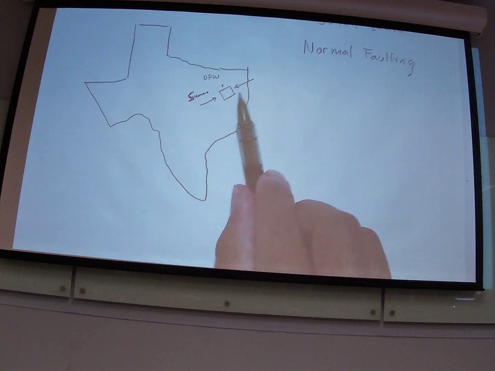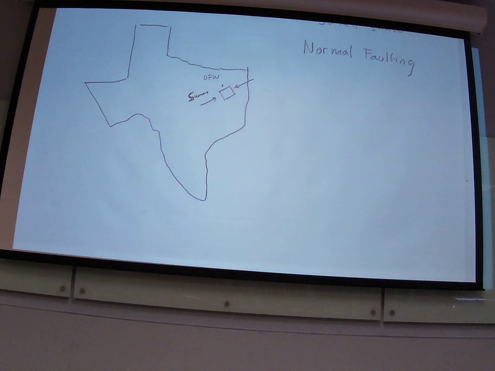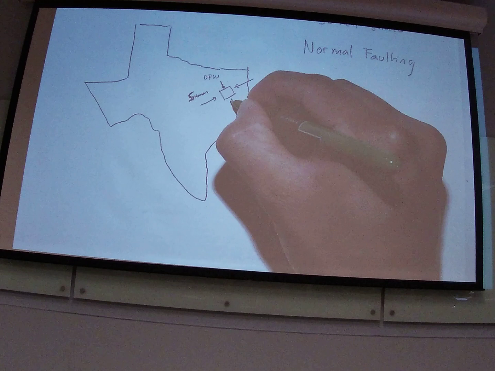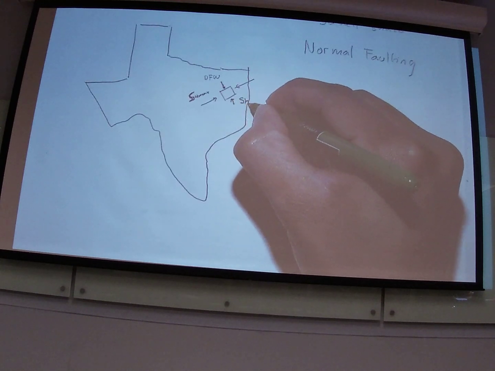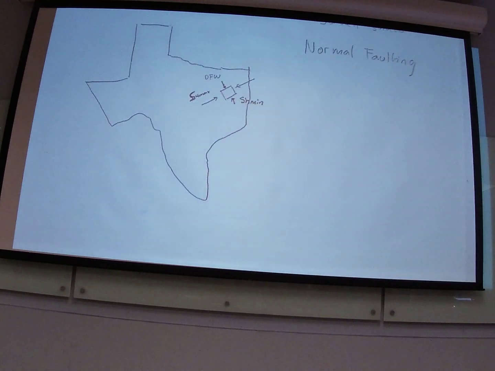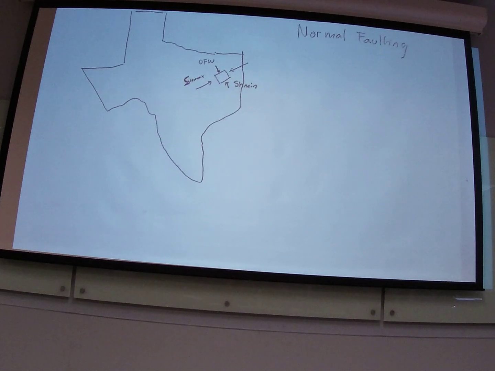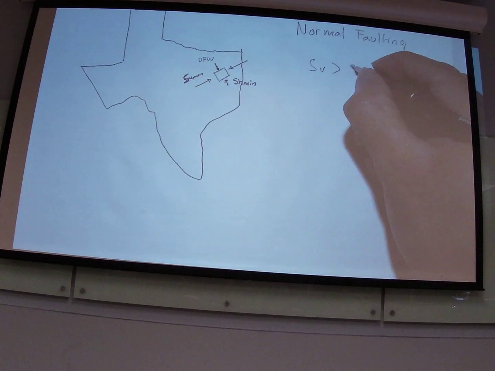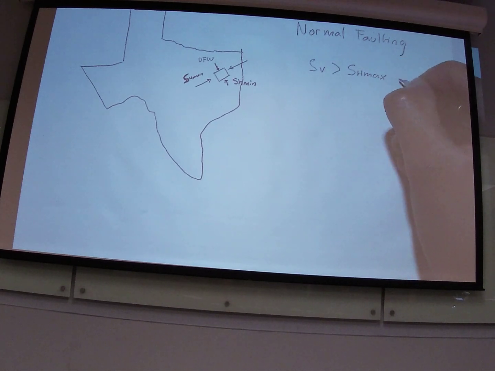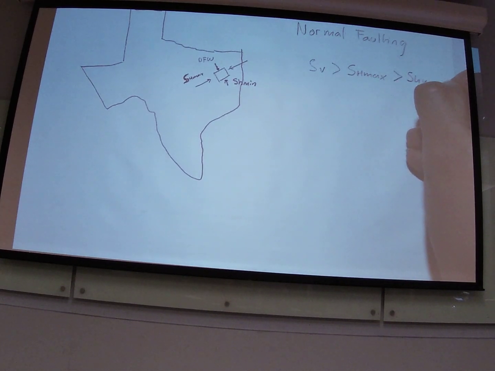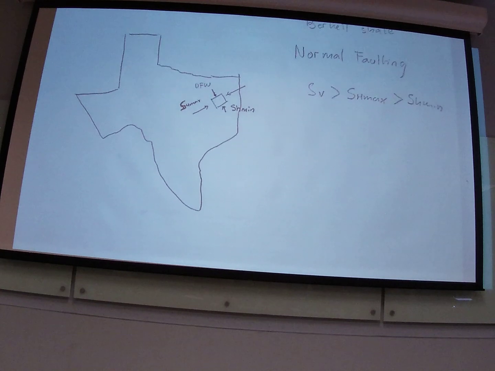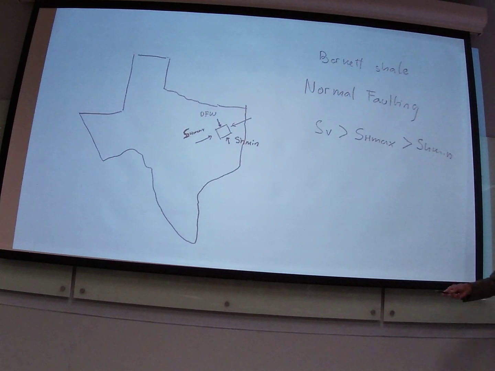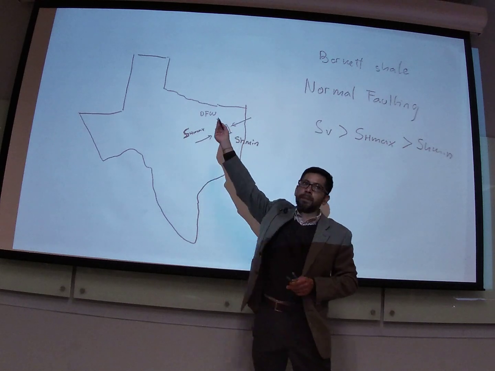Because we have the maximum horizontal stress in this direction, you will expect that in this direction we have the minimum horizontal stress, right? And because it's normal faulting, SV is larger than SH max, which is larger than SH min, and SV is in the direction perpendicular to this plane.